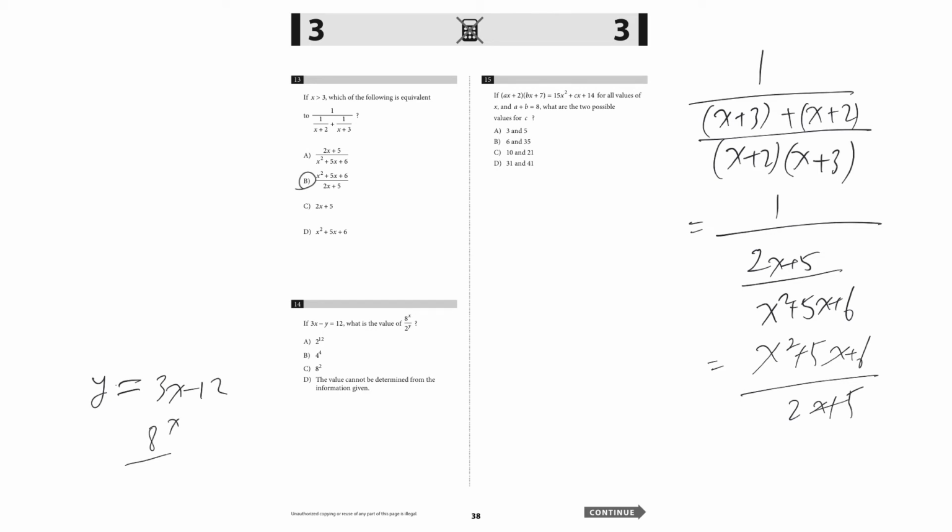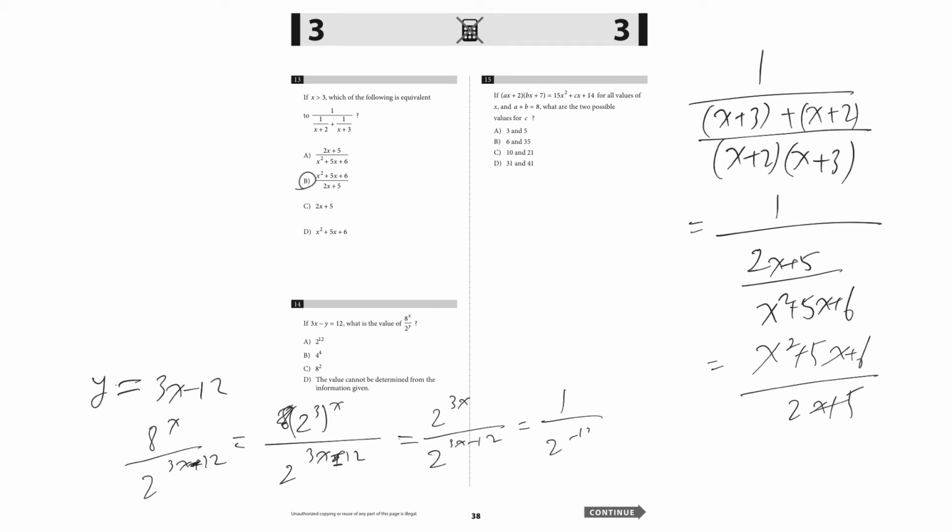I'm going to plug it in, and I'm going to use exponent laws, so 2 to the 3x over 2 to the 3x minus 12, whoops, that's minus. So you can cancel those out, so 1 over 2 to the negative 12, so 2 to the 12, A.